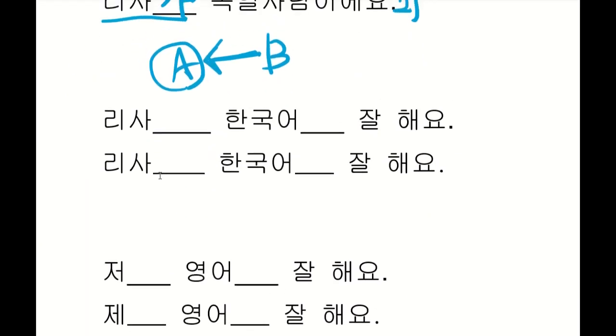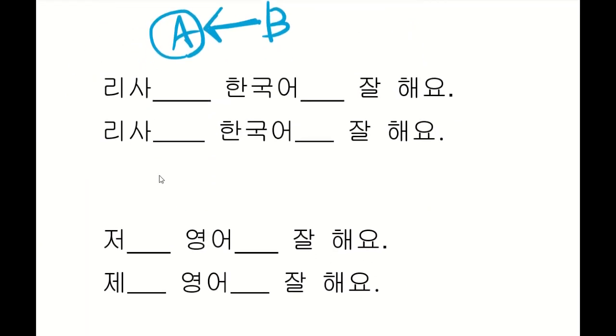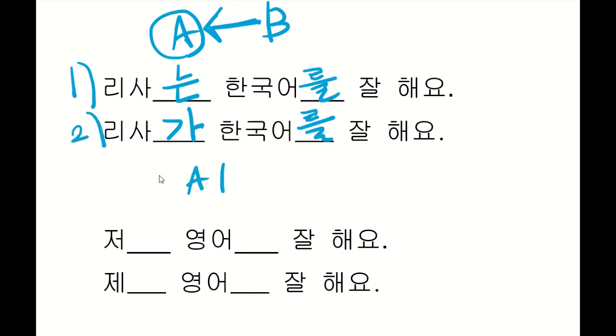Okay. And then next one, 리사는 한국어를 잘해요. 리사가 한국어를 잘해요. Okay. What's the difference here? So the first one is a general fact about Lisa. Lisa is good at Korean. Lisa speaks good Korean. But the second one, there are a bunch of people here again.